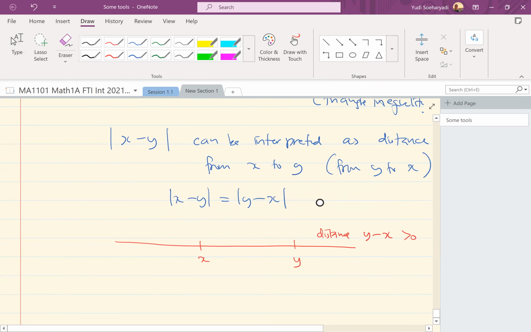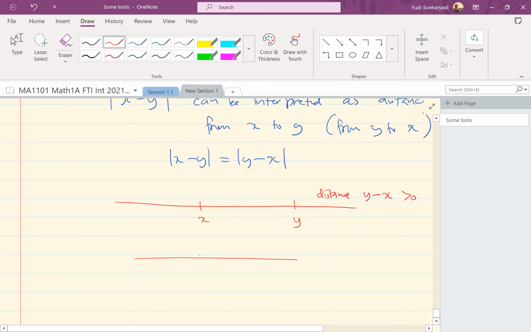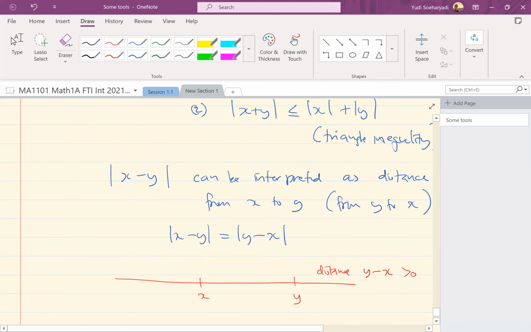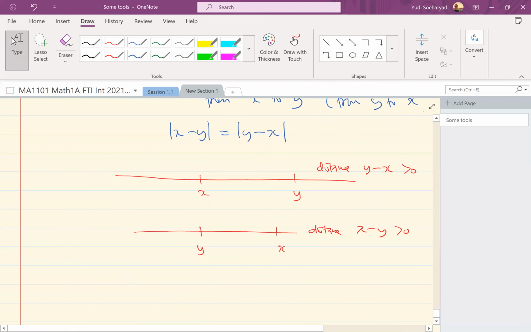Or if you switch the position, this is y, this is x, then the distance is basically right minus left. Always in this order. So you can see this one as a distance.